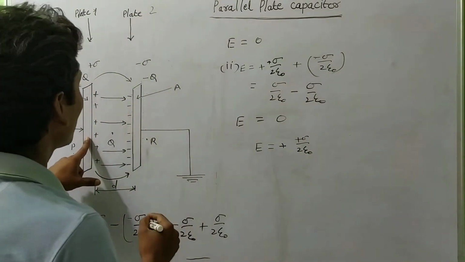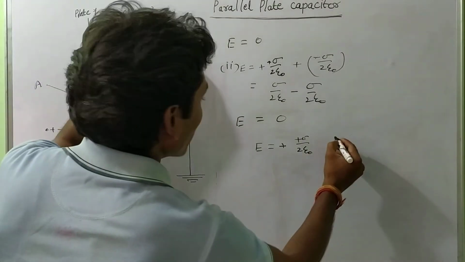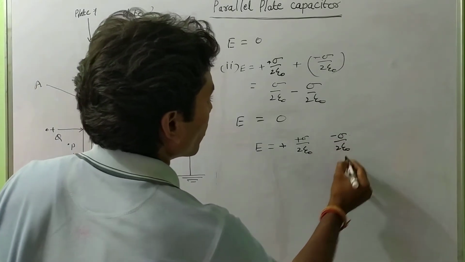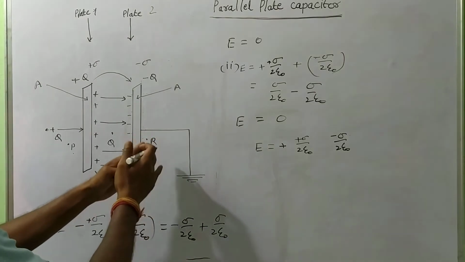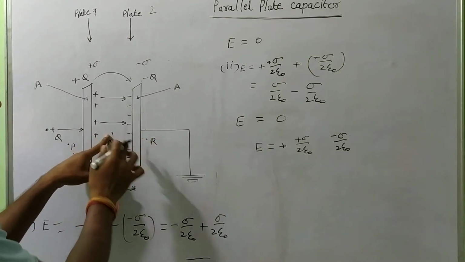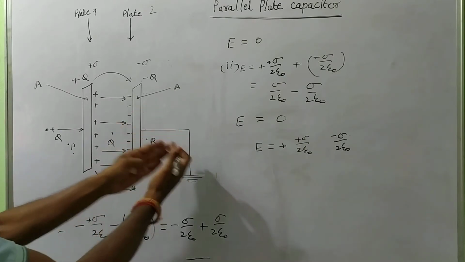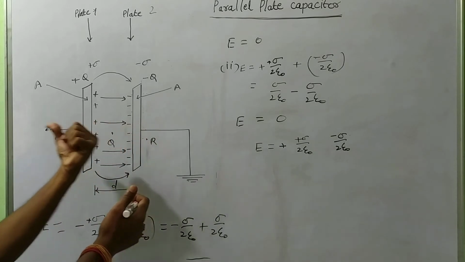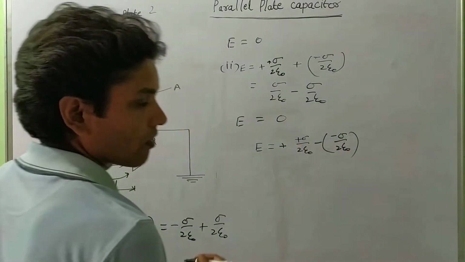Due to plate 2, the electric field will be minus sigma upon 2 epsilon naught, because this plate is here, and to find the electric field at point Q we have to go from right to left. This is along the minus x-axis, so it will be negative.